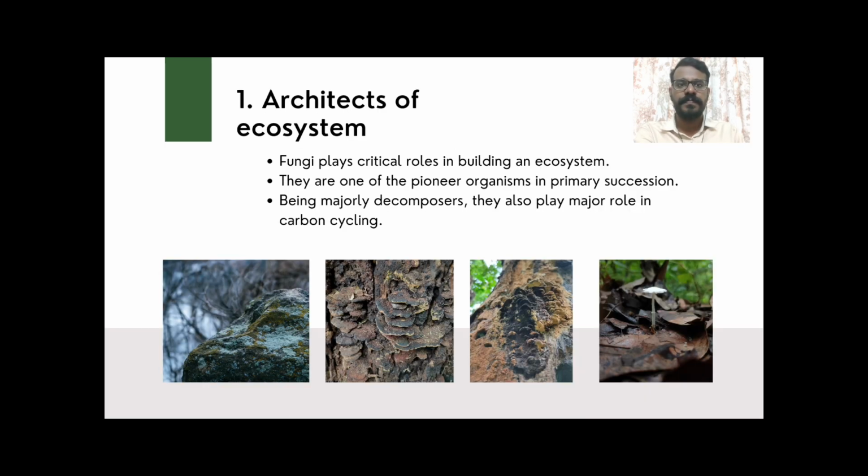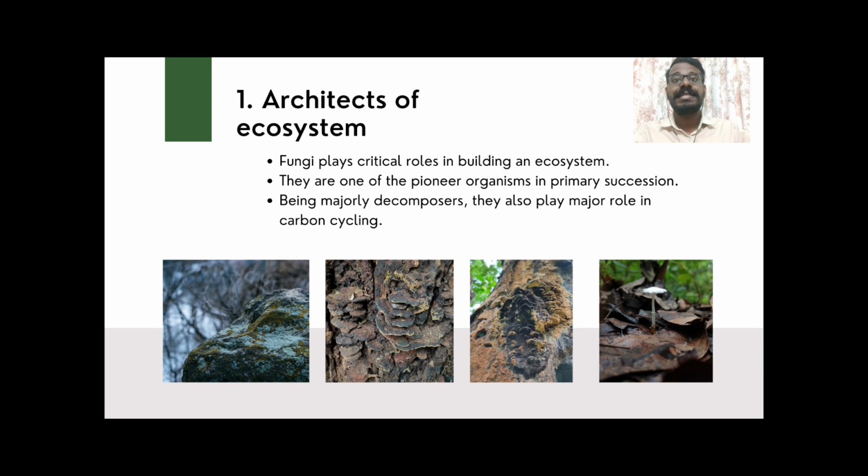So the first one, fungi are considered as the architects of the ecosystem. They play a major role in building an ecosystem. They are one of the pioneer organisms in primary succession. Why are they considered pioneer organisms in primary succession?